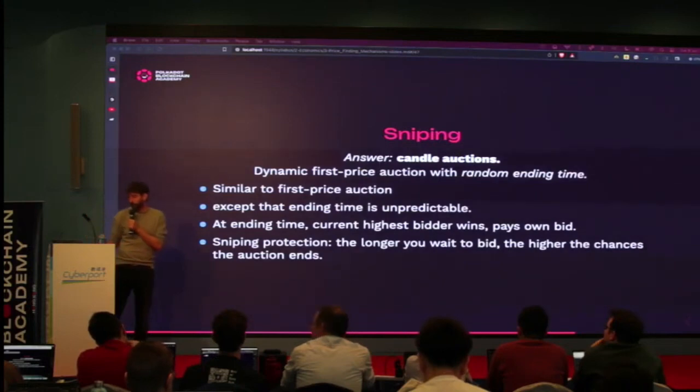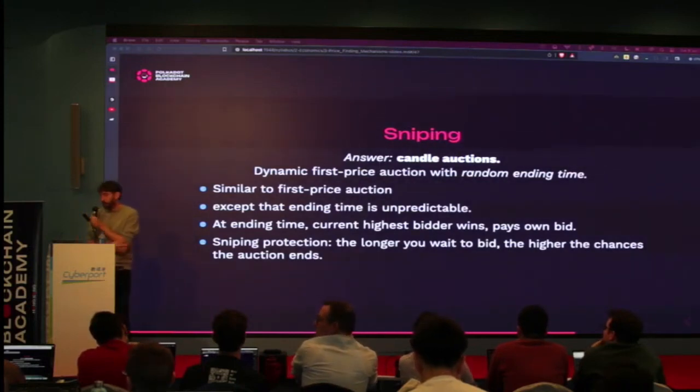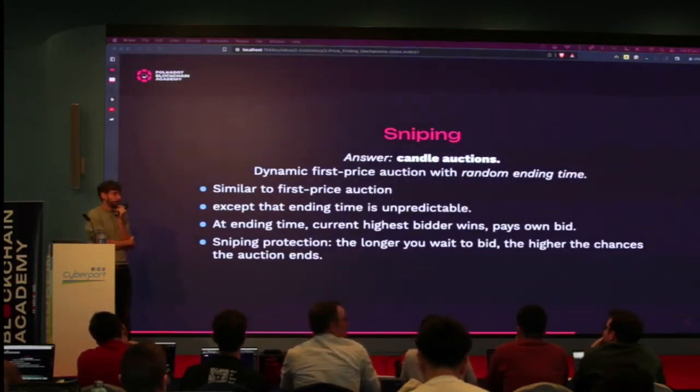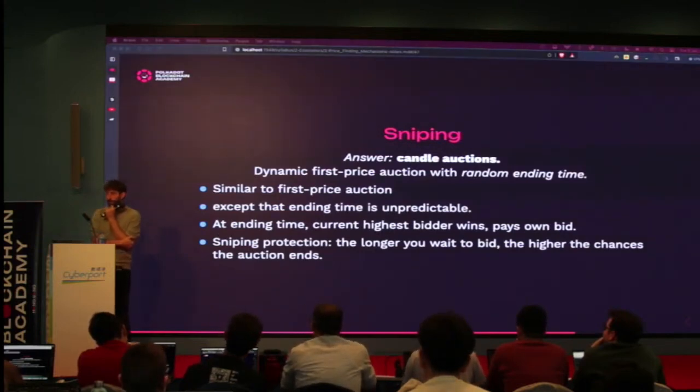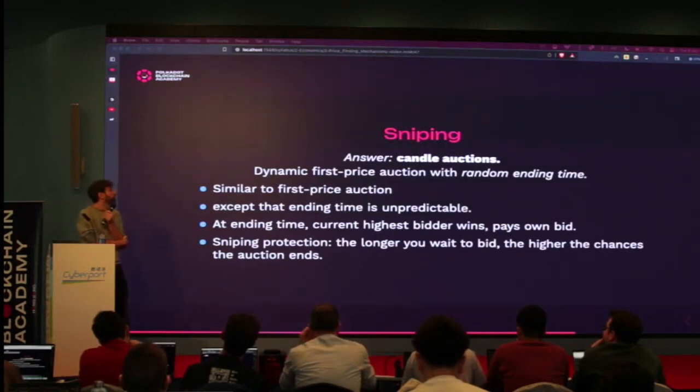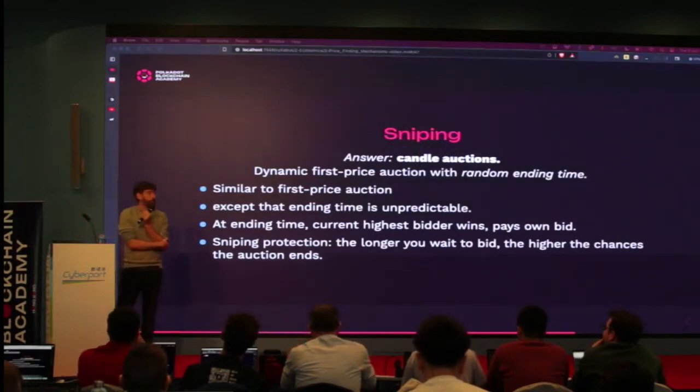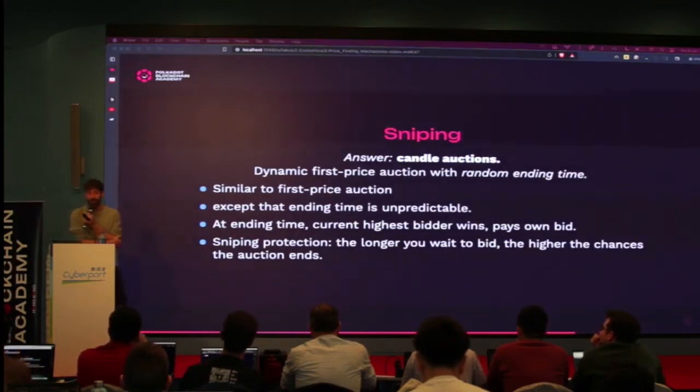Actually, I've got a question. Might it make sense to combine a candle auction with a second price system? It might. I don't think so. I know that it doesn't, but I don't know the answer yet. We thought about this, and there was some reason why this wasn't the case.